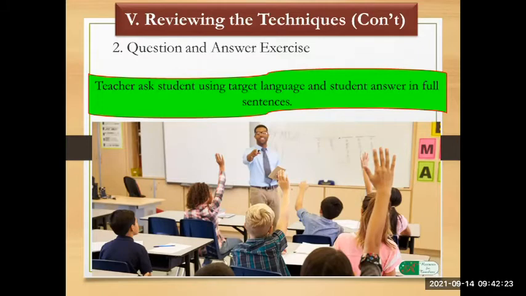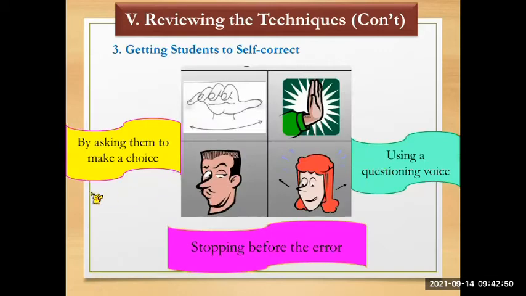Since the target language is already taught from the beginning, in Q&A exercises the students can make their own questions and then call another student to answer in full sentences using the target language. And getting students to self-correct here, again by asking them to make a choice, giving them choices so that they can figure out, oh yeah, I'm wrong with this one. It should be letter A, it should be letter B. That is an example of giving choices.